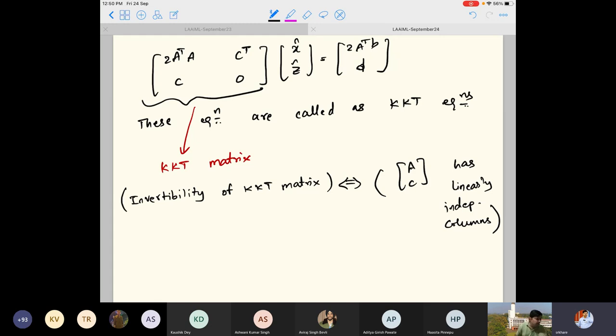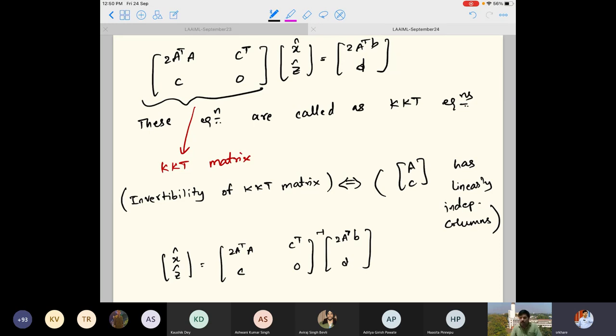And once you know that, how will you compute the solution? The solution can be computed as the inverse of the matrix [2A transpose A, C transpose; C, 0] times [2A transpose b; d]. So this is how you compute the solution to the constrained least squares problem.